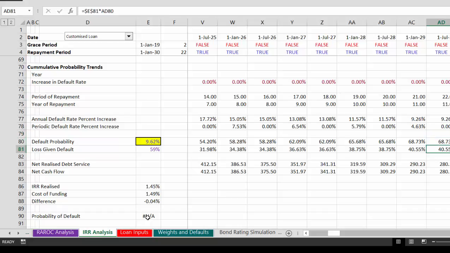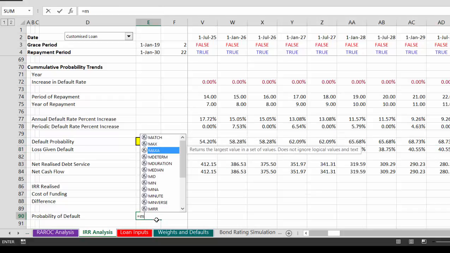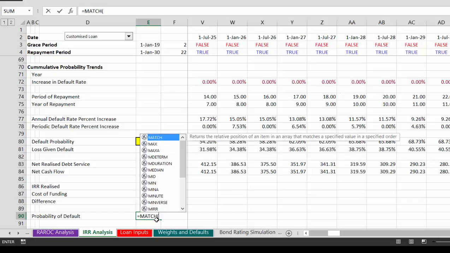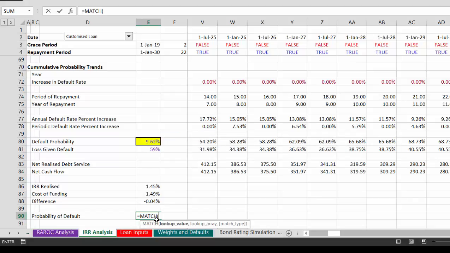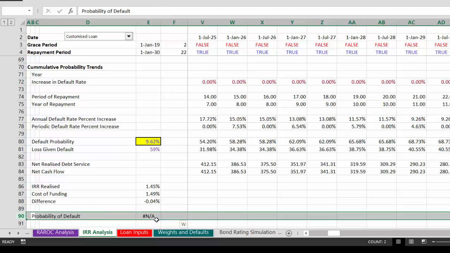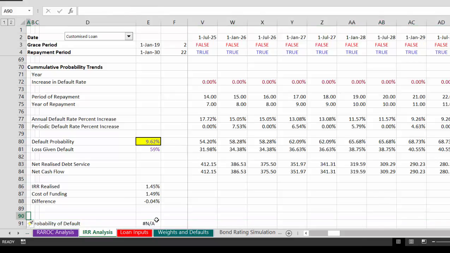We want to find the first period 22, so we'll put equal MATCH, and it would be a lot more transparent to put periods, just so we are very transparent with this whole process.